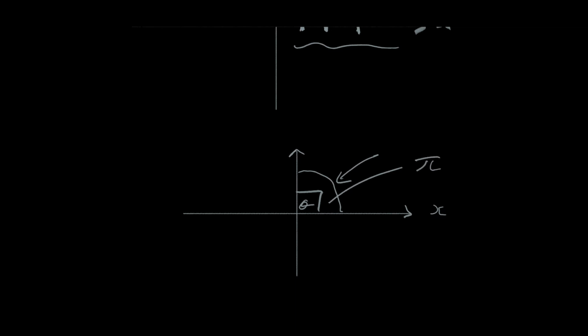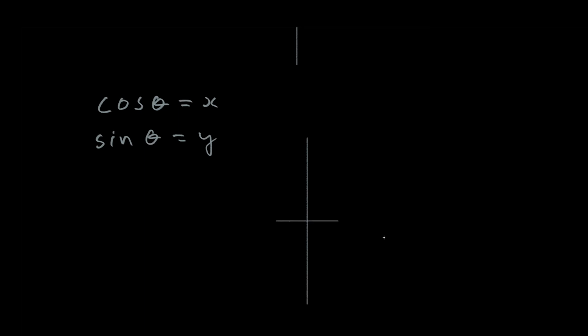When we are doing calculus problems on a kind of function like this, y equals f of x, it turns out that polar coordinates are going to be much easier to work with than rectangular coordinates. So what are polar coordinates? Well, you remember that from our unit circle definition, cosine of theta is equal to x, and sine of theta is equal to y. But that is only when we're talking about a unit circle.